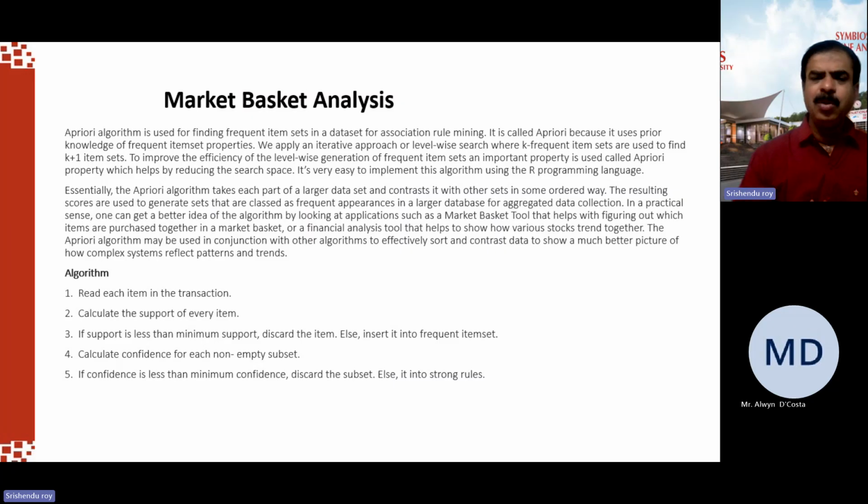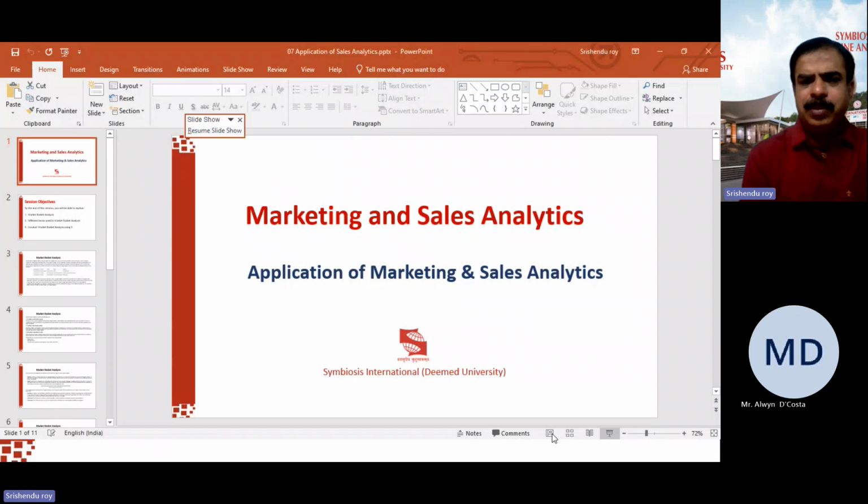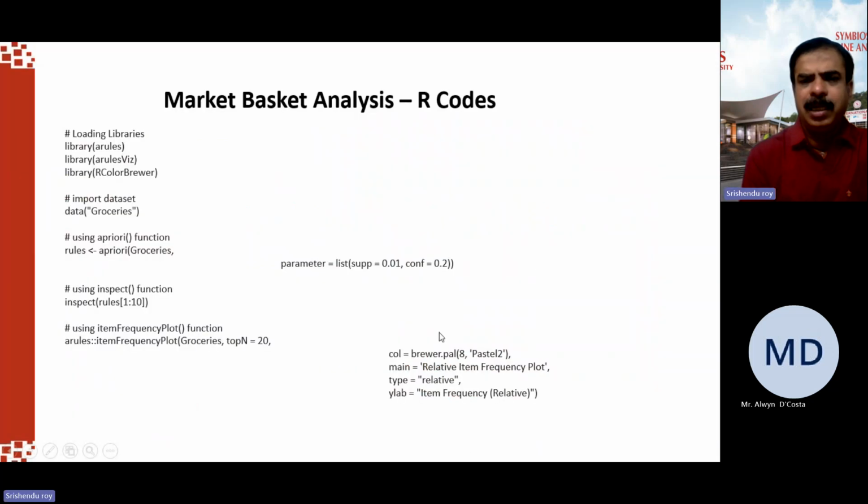So the Apriori algorithm is actually finding the associations for the items which are purchased together. We'll talk about how to use this Apriori algorithm using R code. Now use R, right?